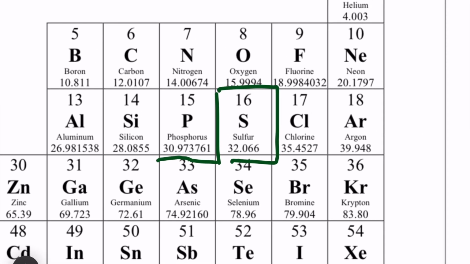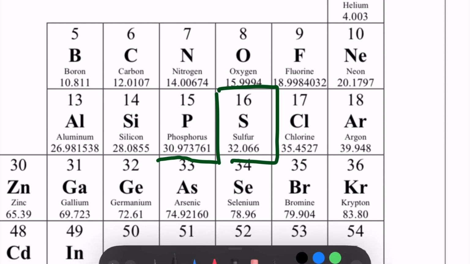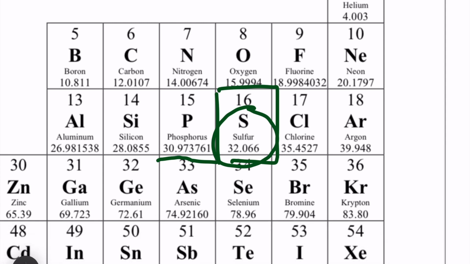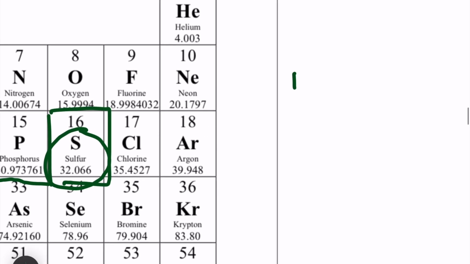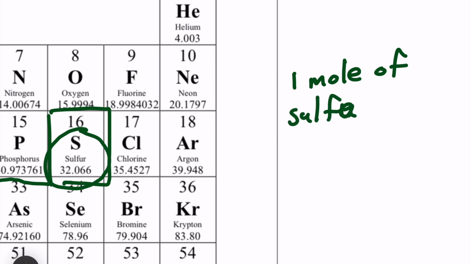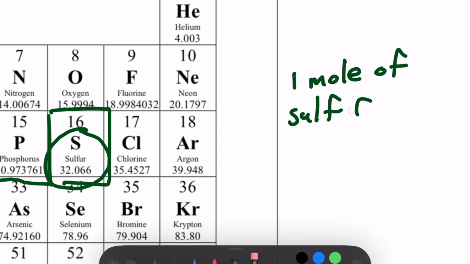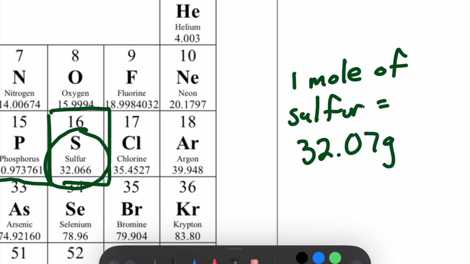The atomic mass for sulfur here is 32.07 AMU, but if we're looking at a stoichiometric question, what we are going to say is that 1 mole of sulfur is equal to 32.07 grams.